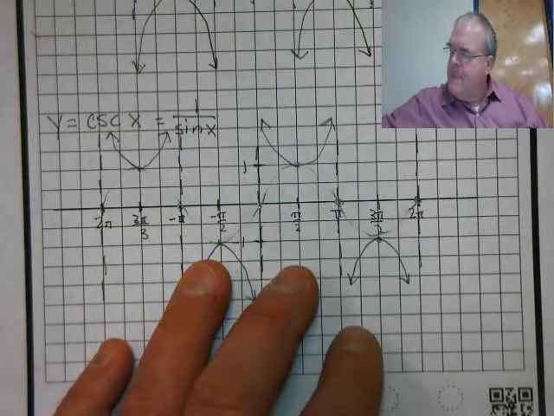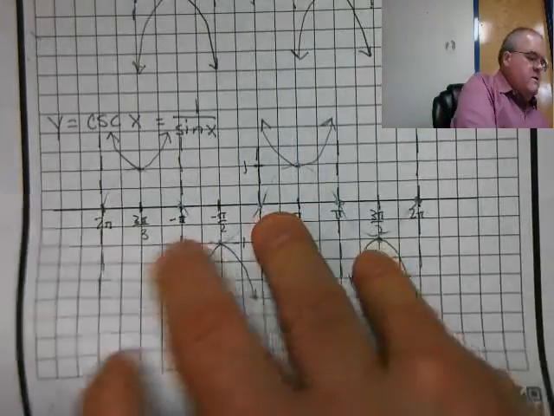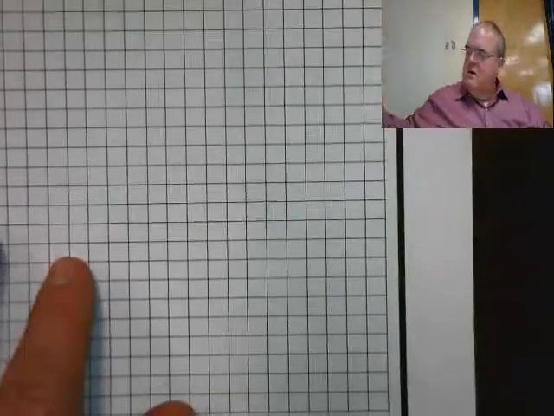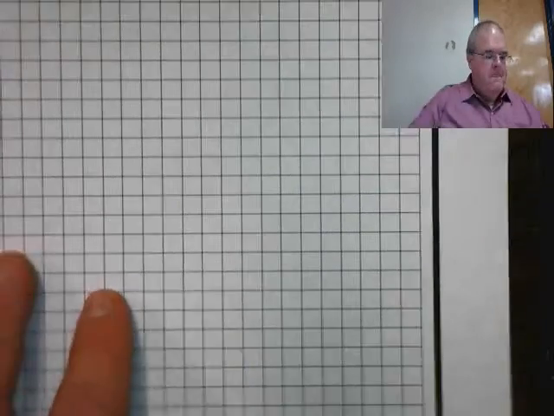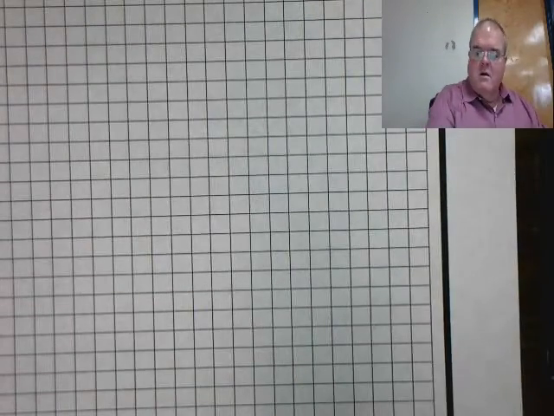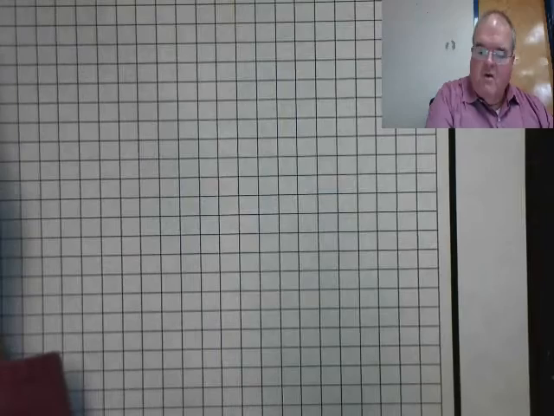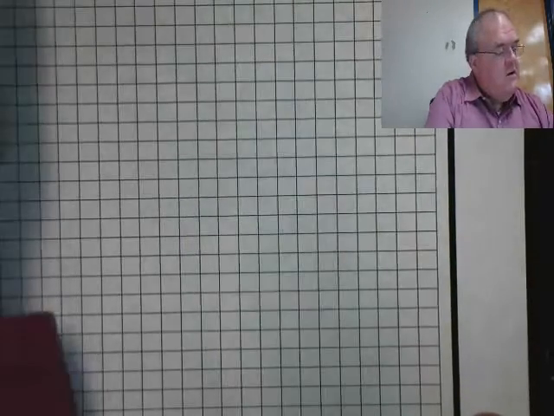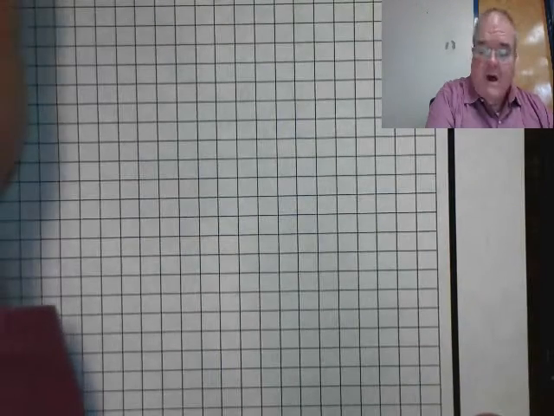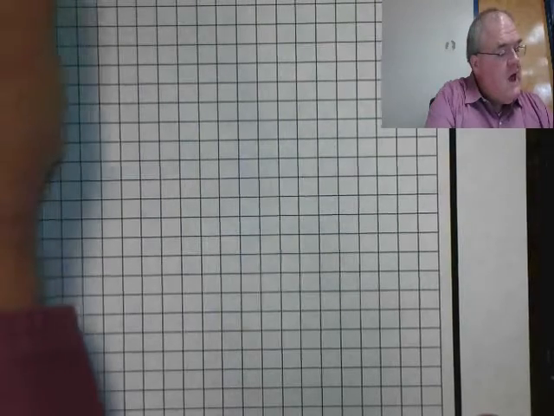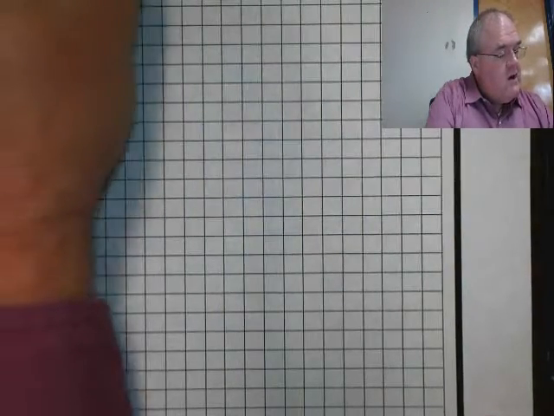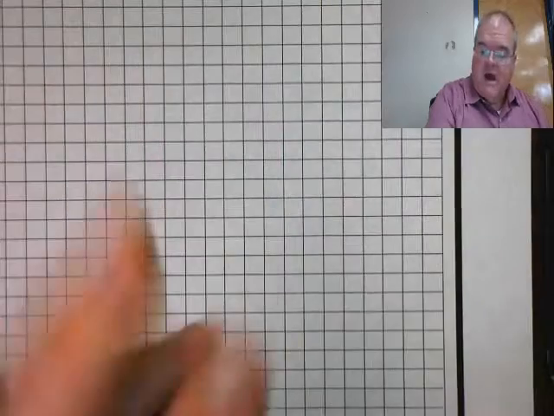So we are going to do an example problem. We're going to look at the general form of y equals a cosecant of bx.